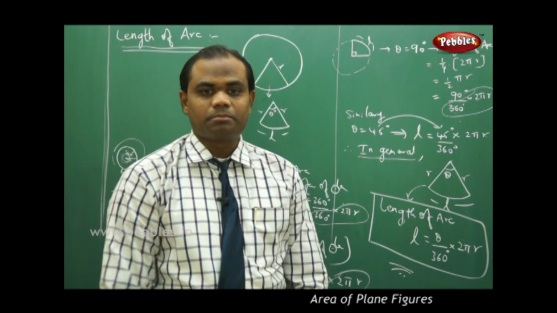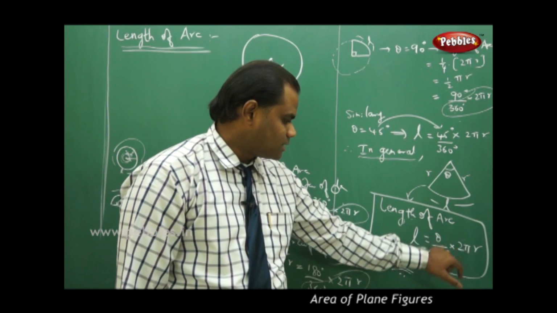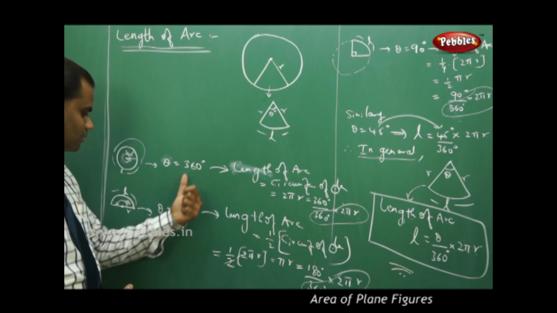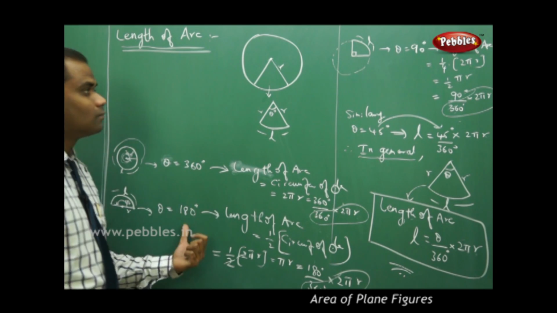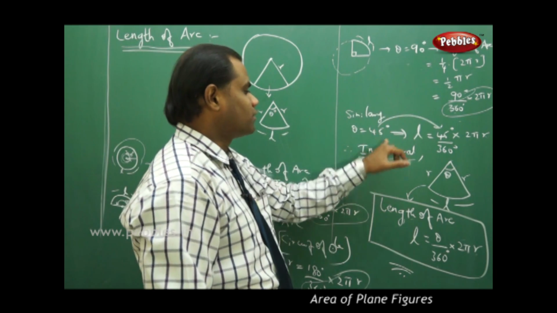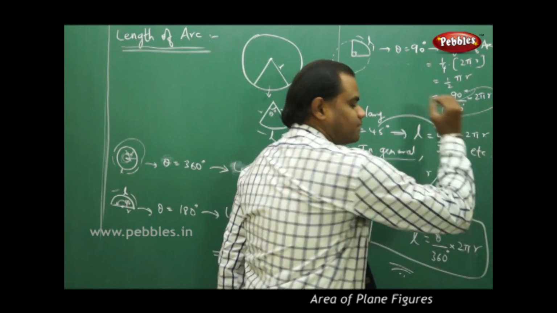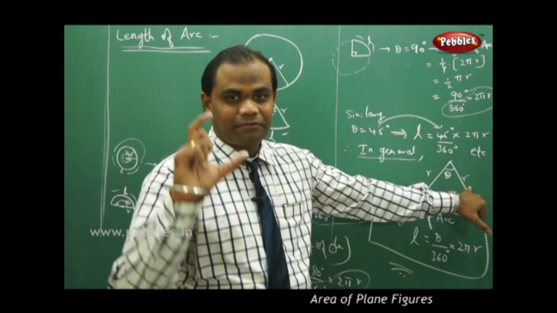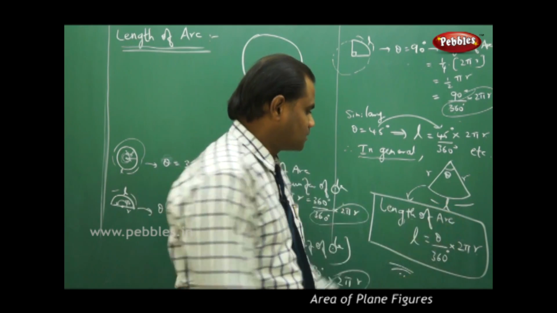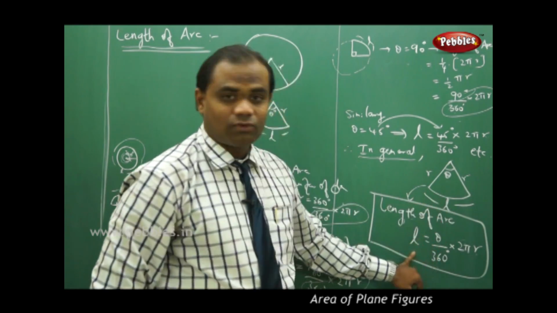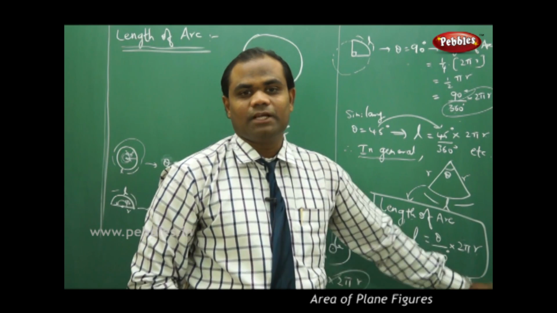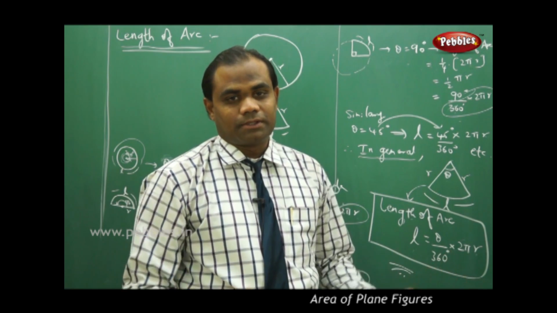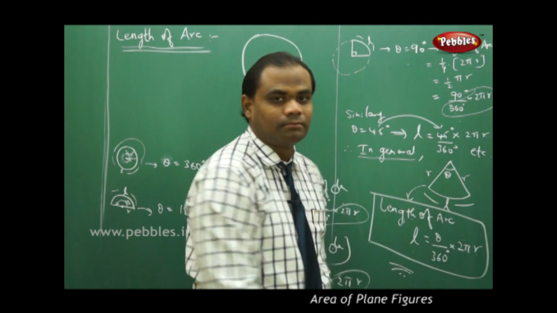So this is how I obtain the length of arc, which is theta by 360 into 2 pi r, as can be seen through the conjecture of each of the cases of 360, 180, 90, 45, etc. So in general, for any theta and the radius r fixed for the circle, the length of the arc denoted by L is given by the formula theta by 360 into 2 pi r. So length of the arc is associated with angle in this form.